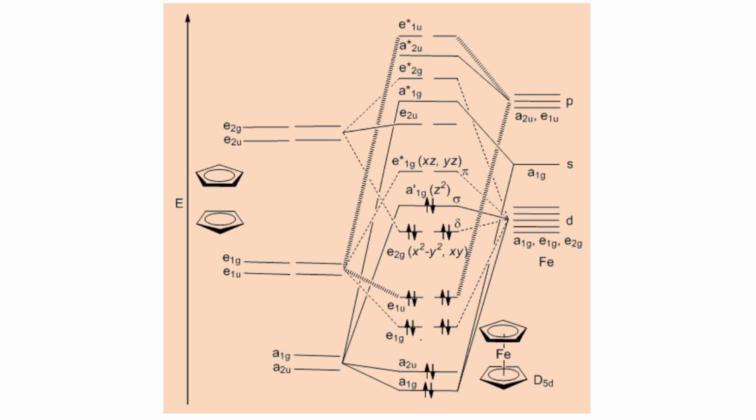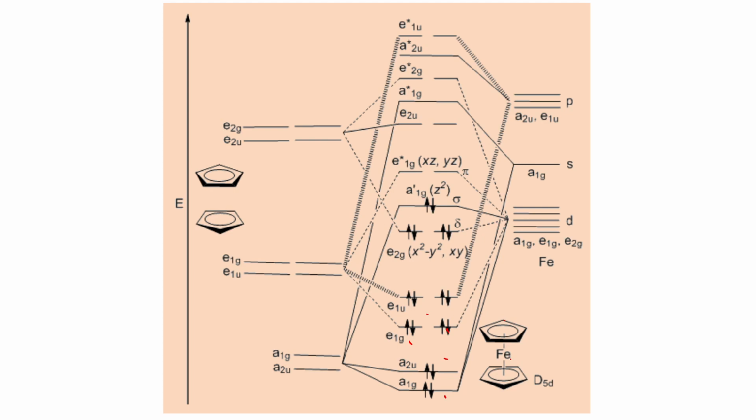So with that it is filled to 10. So they are covered. Now, if you see, E1G and E1G star. So that is remaining, and the metal electrons are going to be filled here.